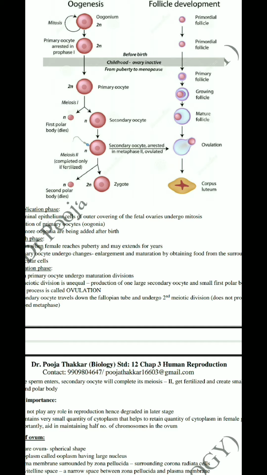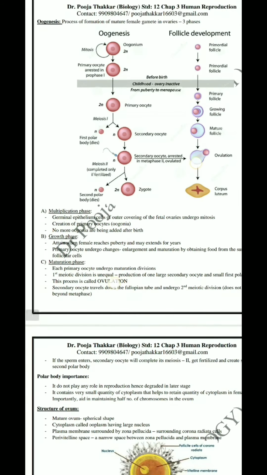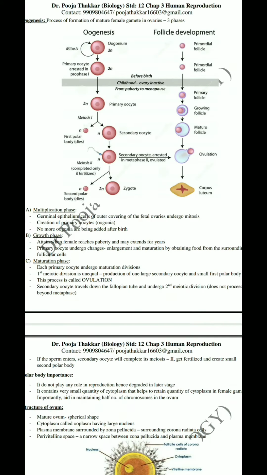So we need to maintain the haploid condition of the secondary oocyte, and for that reason the primary oocyte undergoes meiosis 1 to produce the secondary oocyte, which is comparatively very bulky in size. At this stage the process gets a slight halt till the sperm enters the fallopian tube.